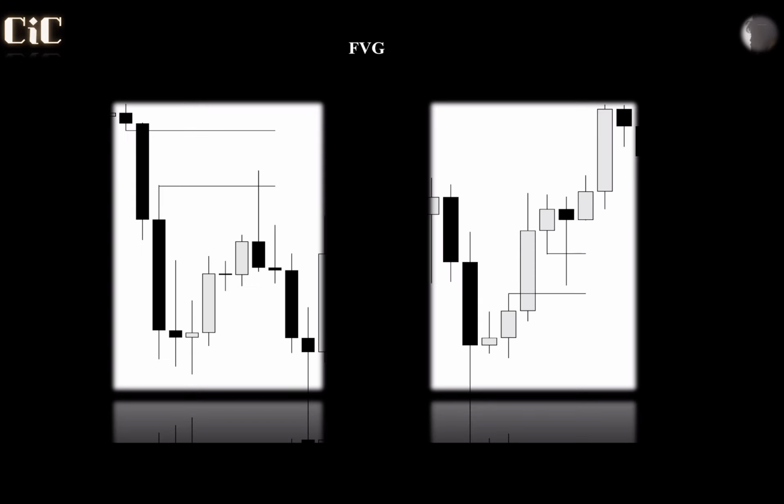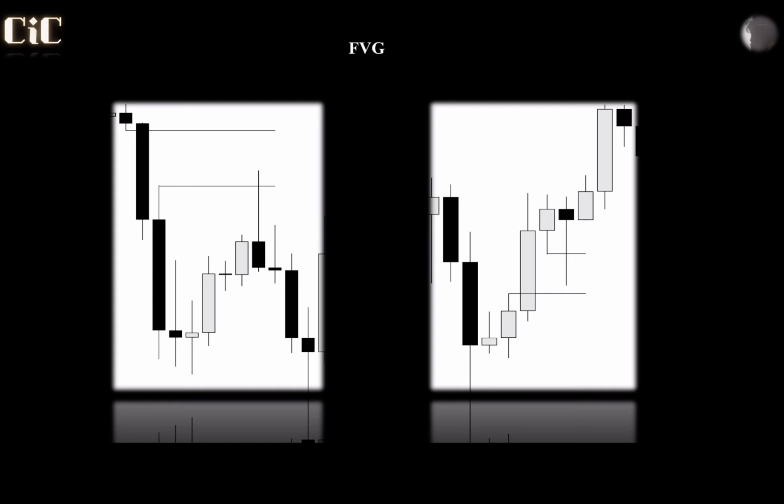FVG. FVG is a 3-candle pattern which indicates one-sided heaviness in any given market, right? Which means the market makers are pushing price low so quickly, and they're in such a hurry to go down to attack a certain target, that they're leaving these gaps in the market.